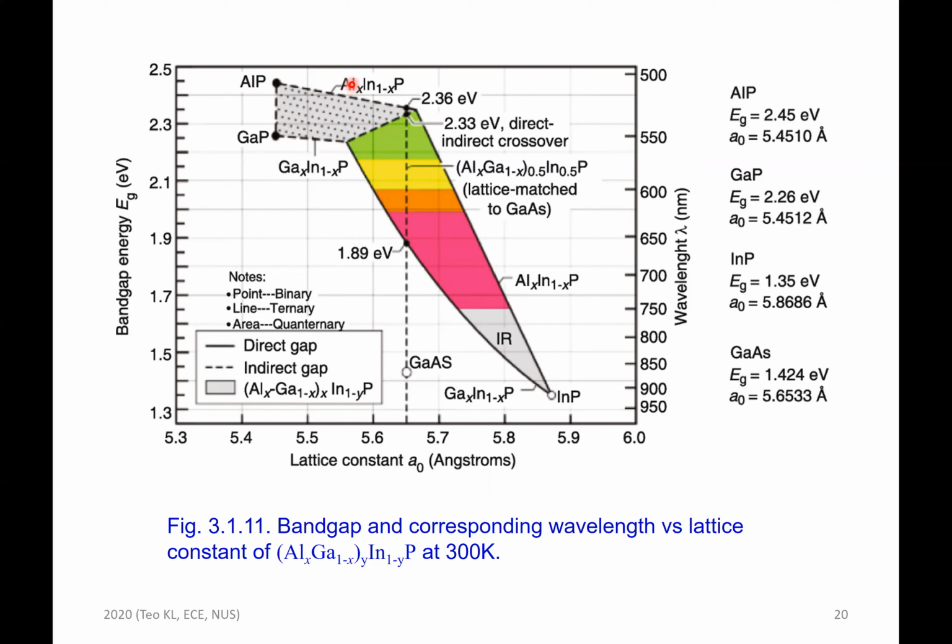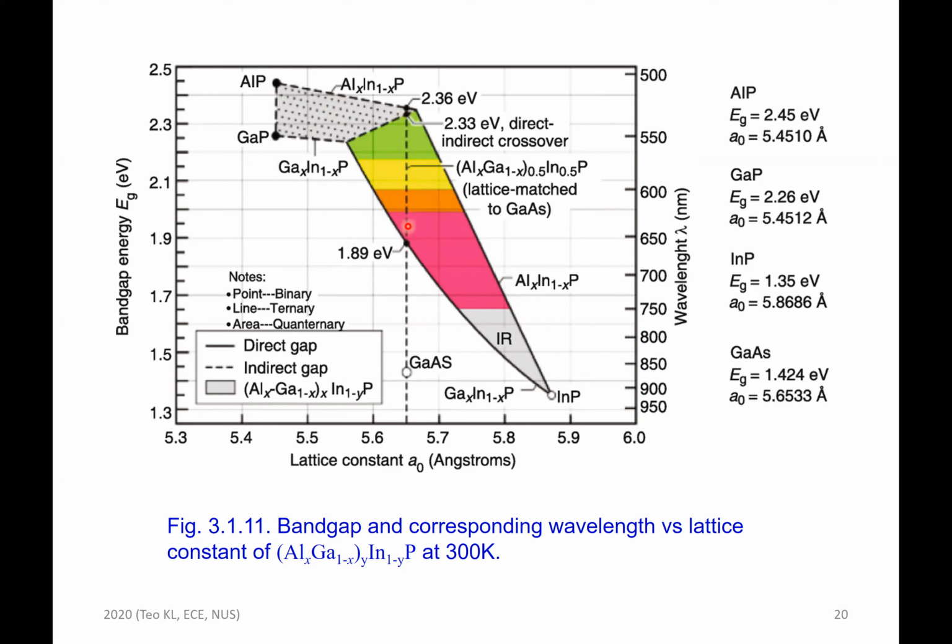Aluminum phosphide is indirect band gap, indium phosphide is a direct band gap. So there will be a dashed line, a crossover, such that aluminum phosphide is the indirect band gap. Now, if I grow within this region, I don't want to grow around here, which is a lot of indirect band gap. I want to deal with direct band gap. I can pick any point along here, which is an aluminum gallium indium phosphide alloy, and I can grow on a gallium arsenide substrate.